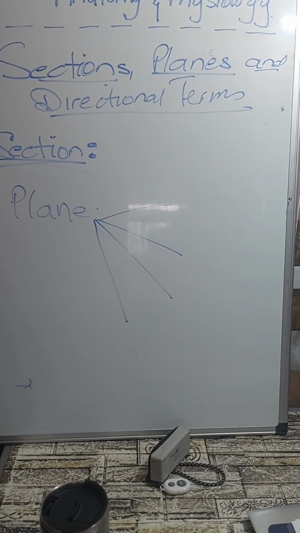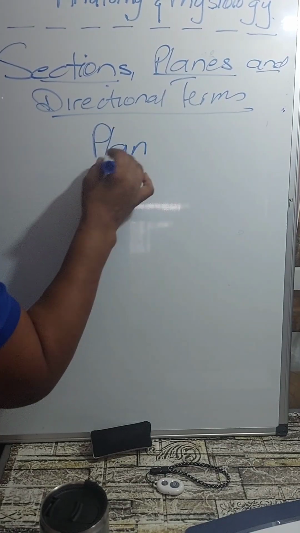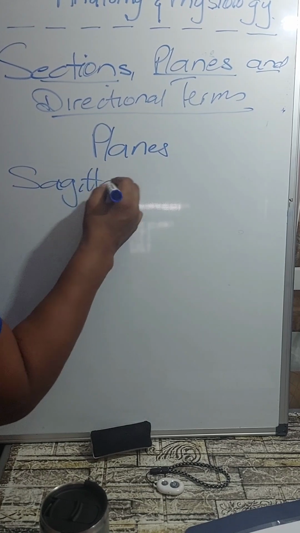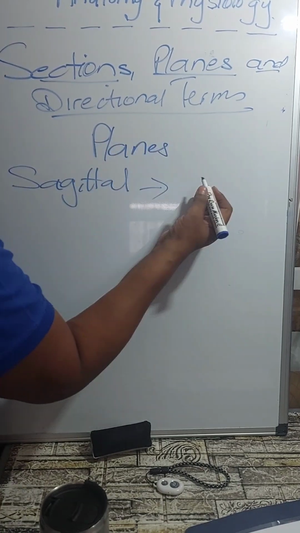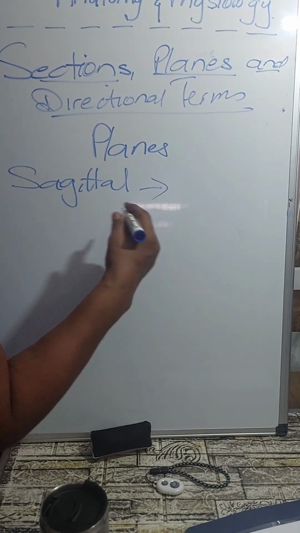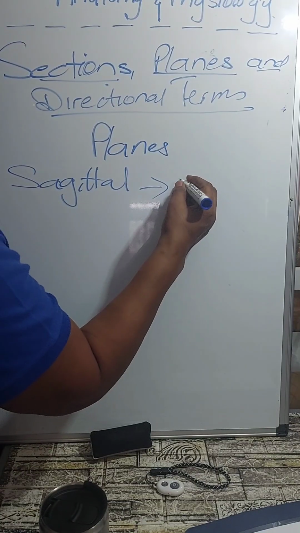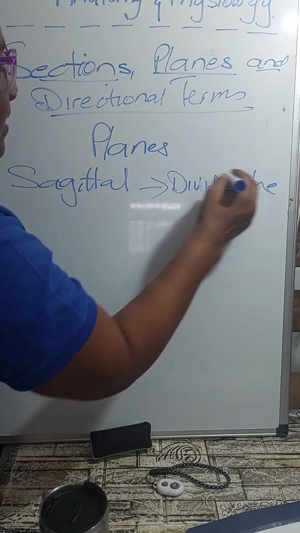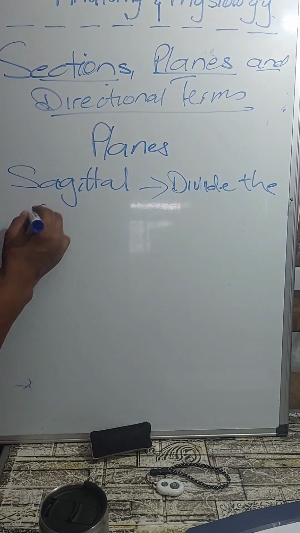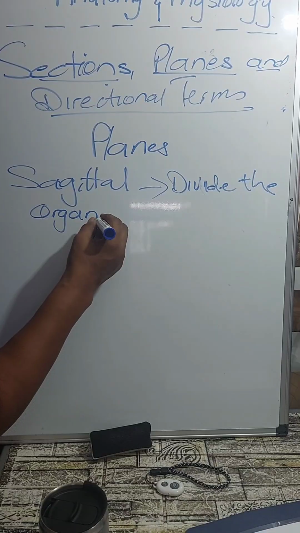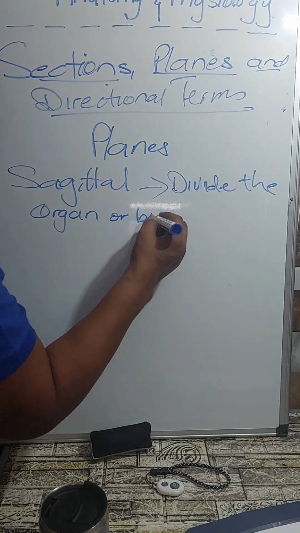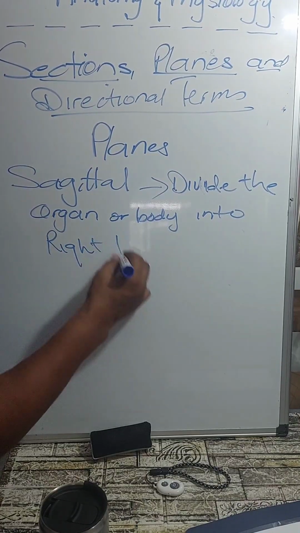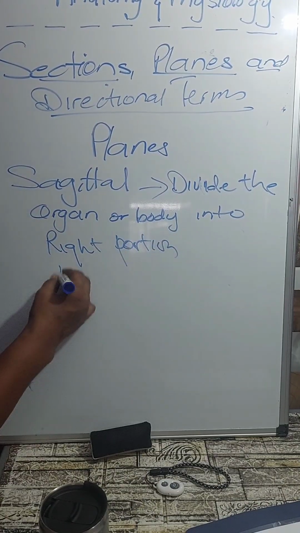All right, and in our books, we have different planes. So the first one coming up is the sagittal plane. And what does sagittal mean? Whatever organ you're studying, whatever region you're studying, you're going to make the cut, you're going to divide the organ or body into a right portion and left portion.